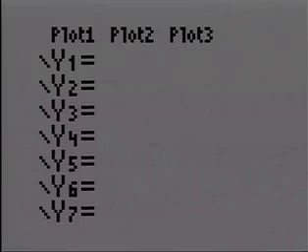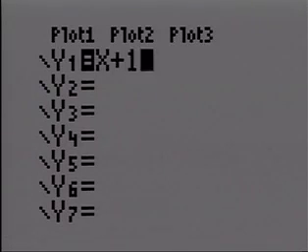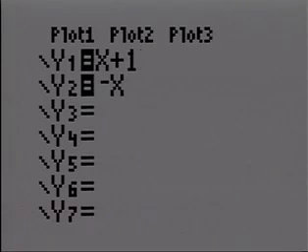And what we can do is enter the first part under y1, and that would be x plus 1. And we can enter the second part under y2, and that would be -x. Now we still have to do something about these domains. So we know the domain of the x plus 1 part starts at -5 and goes to -1.